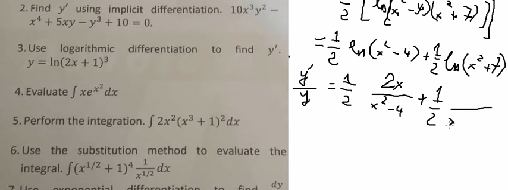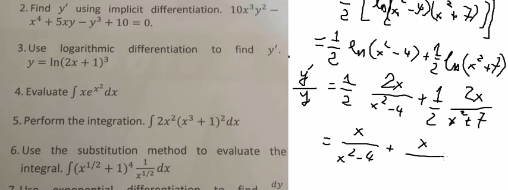We keep s squared plus 7 in here, and we take the first derivative inside, and you get 2s. We have number 2, we simplify, and we get s over s squared minus 4 plus s over s squared plus 7.